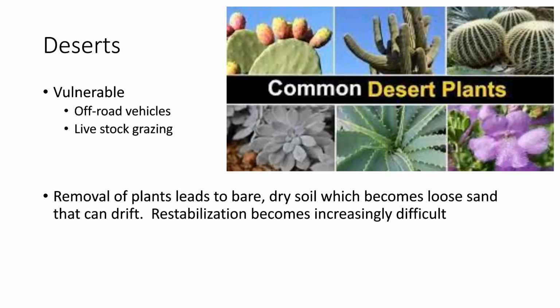And this includes things like livestock grazing or just ATVing. When I was in Utah, there were a whole bunch of ATVs that would go around to different locations and just kick up the sand and run over the little plants that may be there.